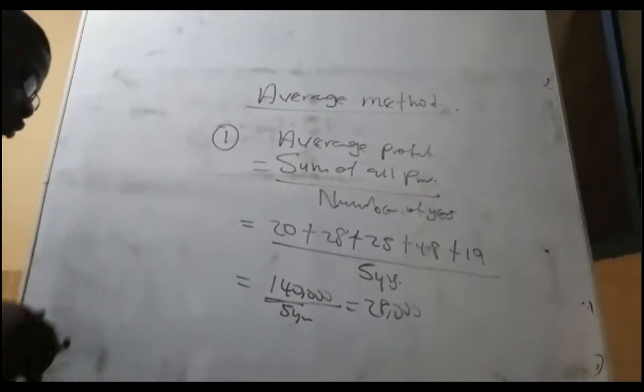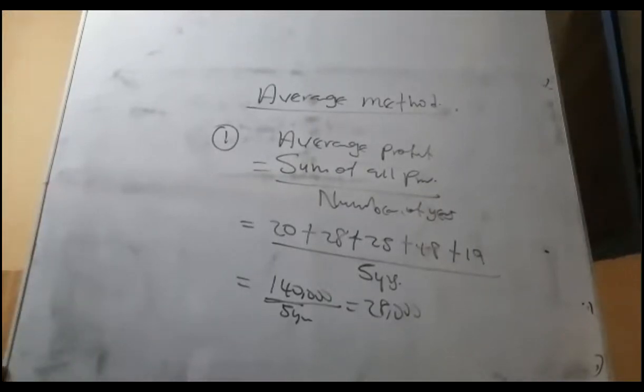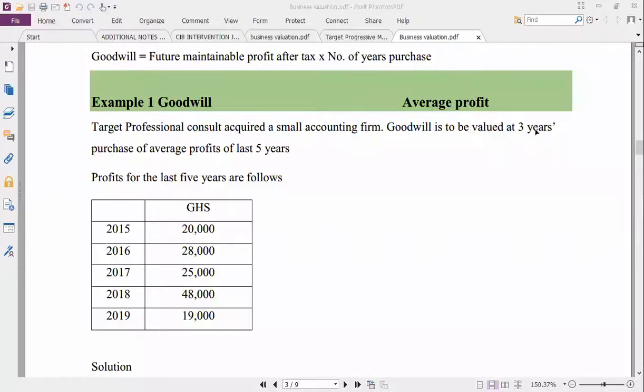Then step 2, you just find 3 years of it, because they said 3 years purchase. So the number after the average, we have to multiply it by the number of years of purchase. The future maintainable profit after tax times the number of years of purchase. The maintainable profit is nothing but the average profit.